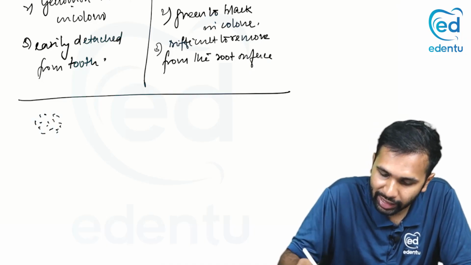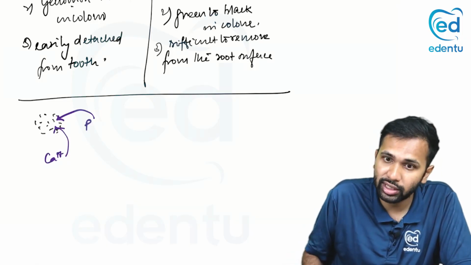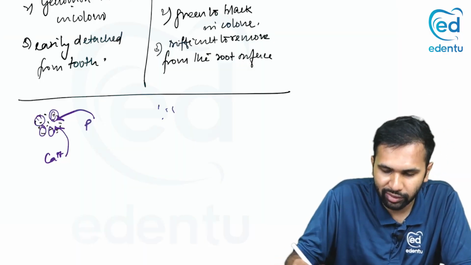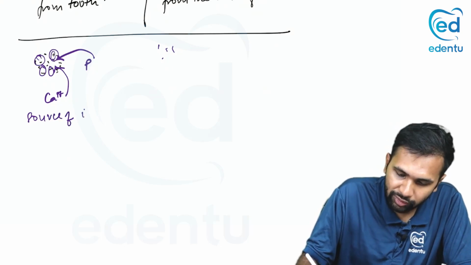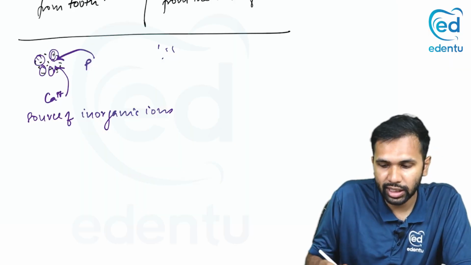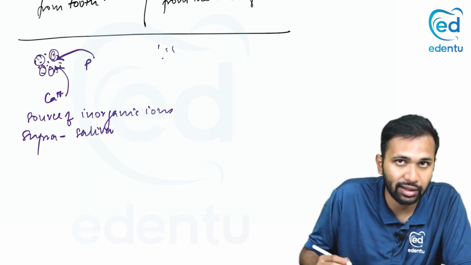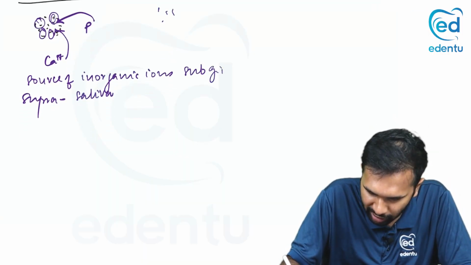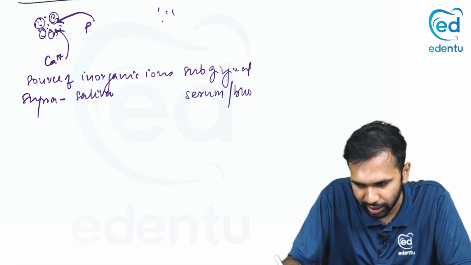This plaque attracts certain inorganic ions, as usual calcium and phosphorus, which mineralize. Same with the case of subgingival calculus. But the source of inorganic ions in supragingival calculus is from your saliva, whereas the source of ions in your subgingival calculus is from your serum or blood.